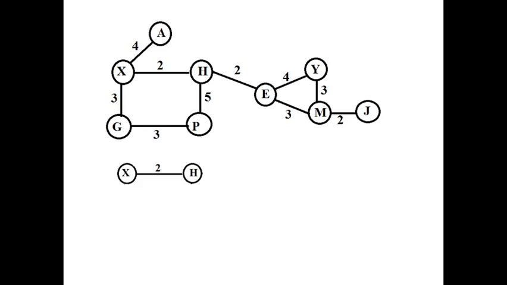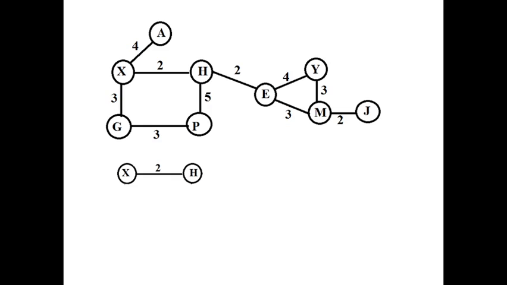So that is included into the graph. Then in Prim's algorithm, you have to include the next vertex which is adjacent to either X or H. That is a restriction. But here there is no such restriction. I can choose any edge irrespective of whether it is interconnected with H or X.